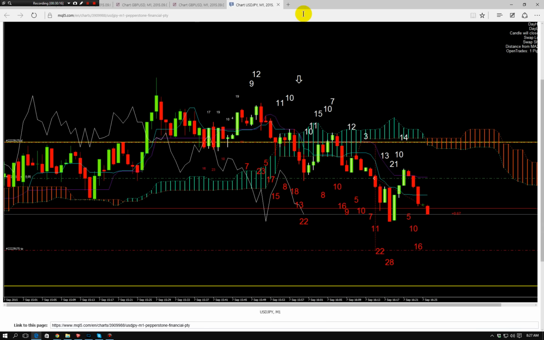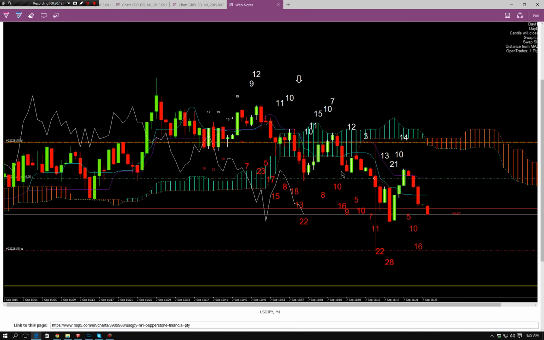So if we're looking at this one, a lot of people would have jumped in the trade on this candle. Because this candle came out of the cloud, whoop-de-doo, let's jump in and we're ready to go. No, the reason we didn't jump in on it in this one is we were waiting for price to close below this swing high. So if we look, this was our candle that broke the swing high. This was our entry candle.